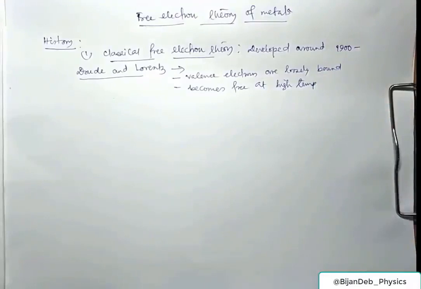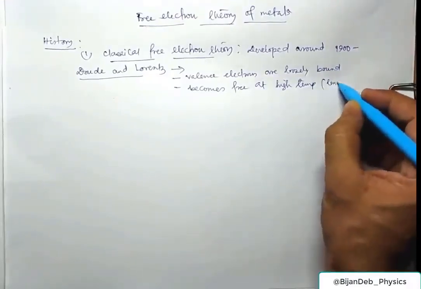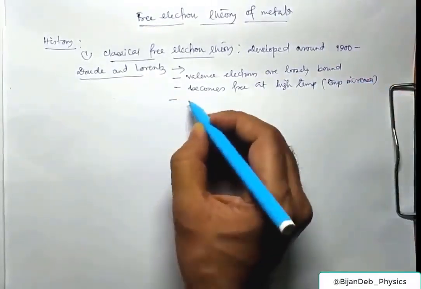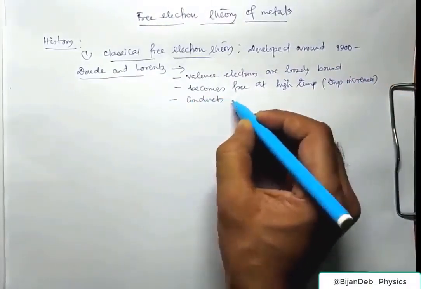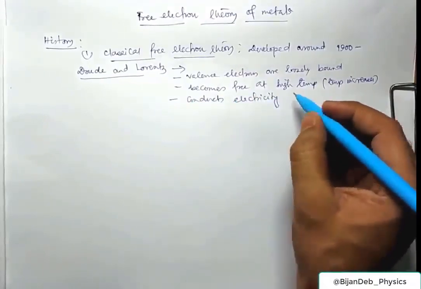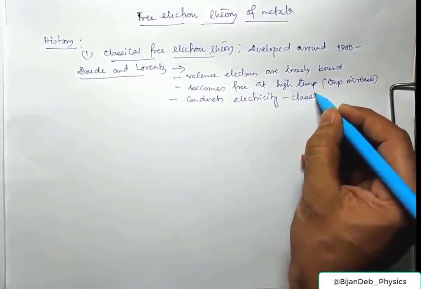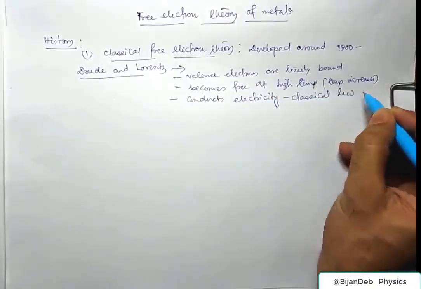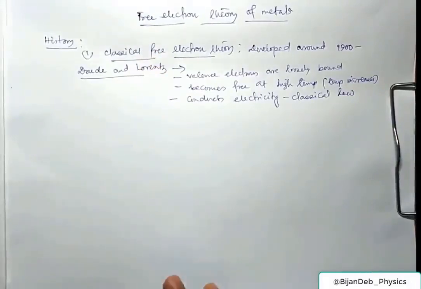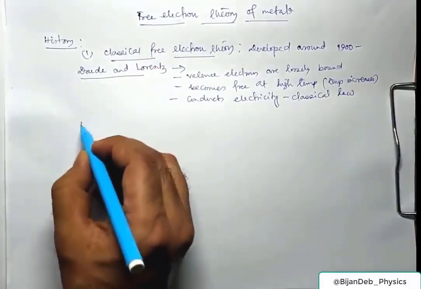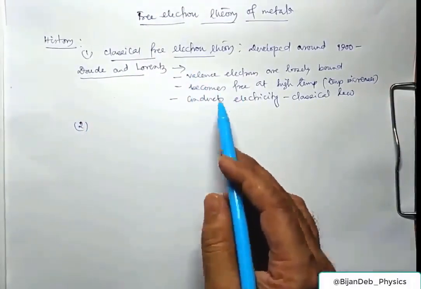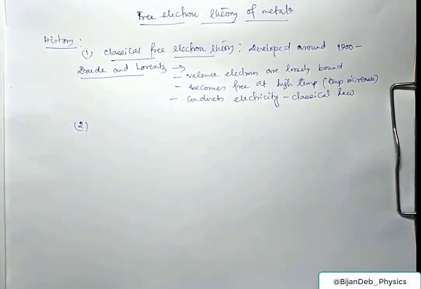As temperature increases, they become free. So this conducts electricity, and they obey classical law, Newton's equation. We will be studying mainly this theory in detail in this session. Later on it was seen that some of the phenomena can be explained, but it has many drawbacks or failures.